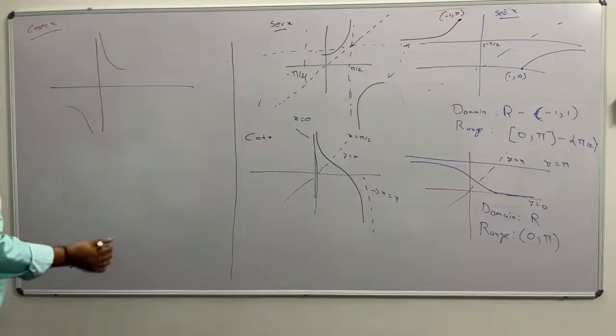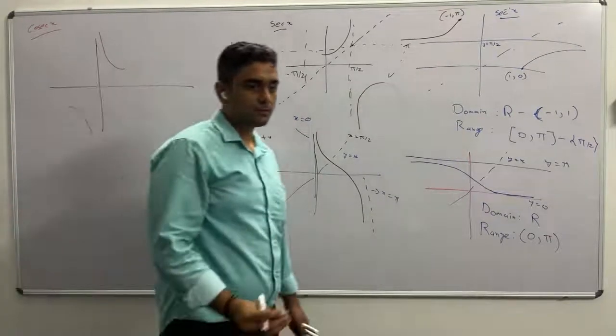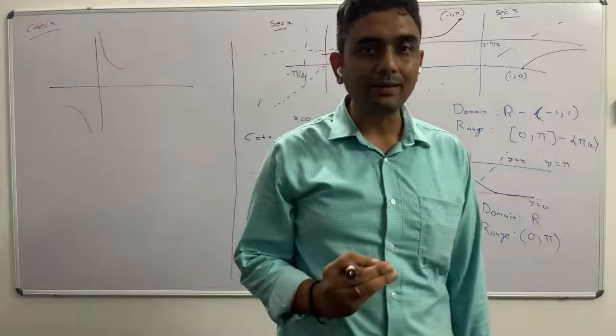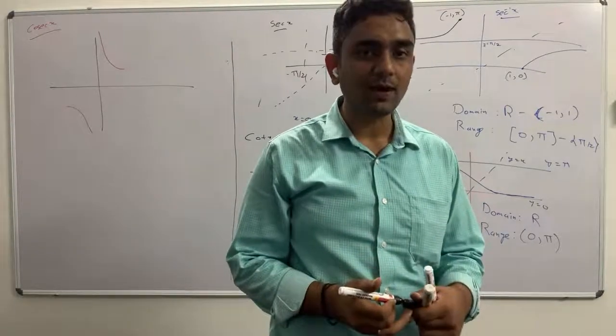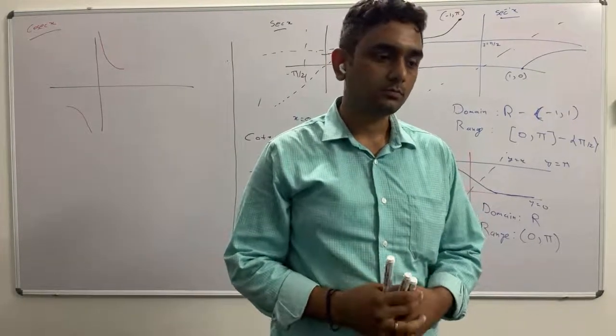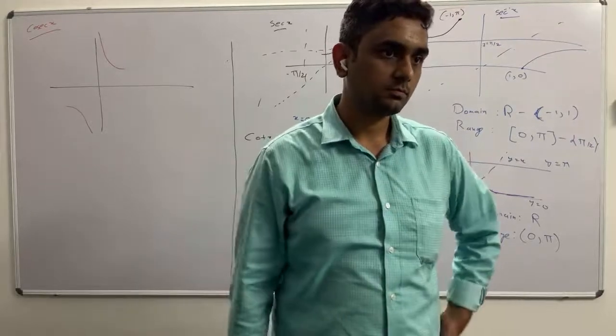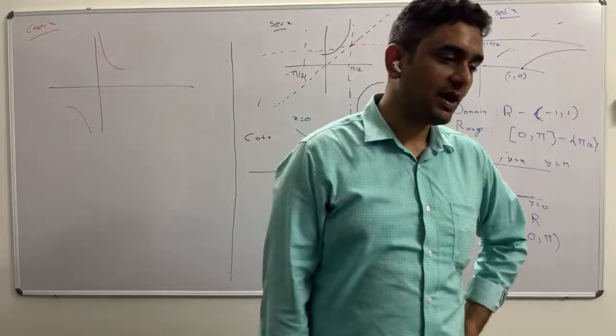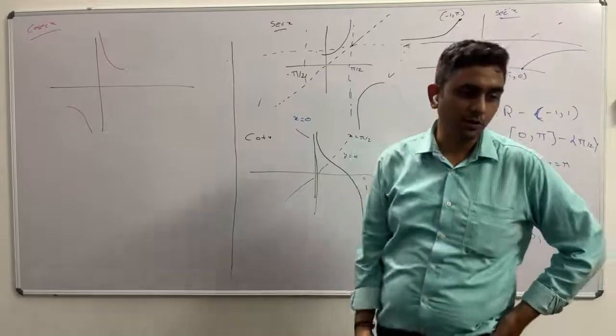So now that we have cut it down, we'll draw the line y equal to x. Now guys, can you tell me, will this curve have any intersection with y equal to x or not?